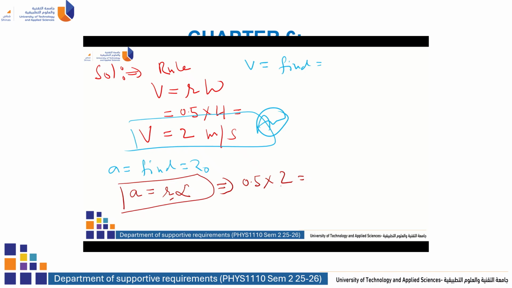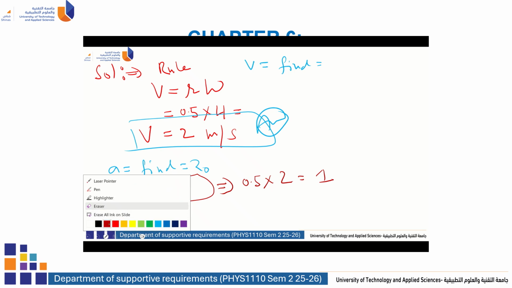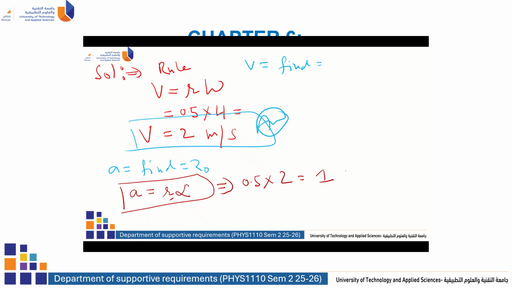So 0.5 multiplied by 2 will be 1. This is not radian, this is meter per second square. So here the value of a is 1 meter per second square. This is the second answer.